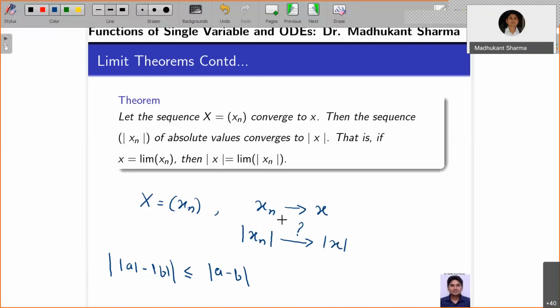Why is it so? Because of the property of the modulus function: it is continuous. Later, when we talk about functions of a single variable, a continuous function preserves convergence. Whenever xn converges to x, then f of xn also converges to f of x.